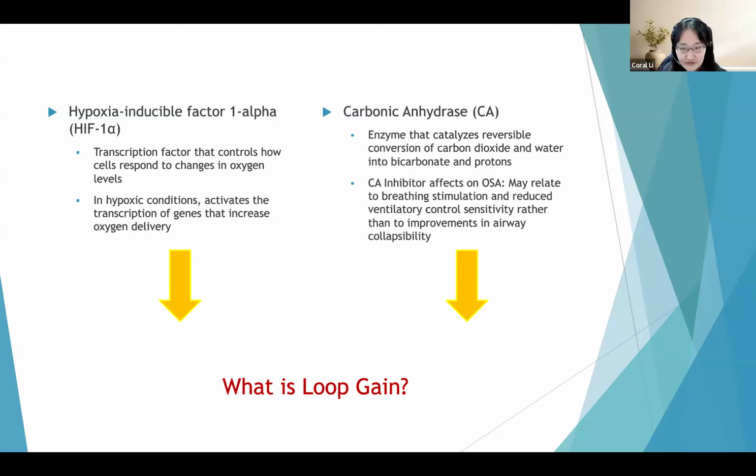Awesome, thank you. With the breakdown of loop gain and its different components, what subtype of loop gain would be affected by cethiamine or CA inhibitors, since CA inhibitors such as cethiamine affect the CO2 component of OSA?